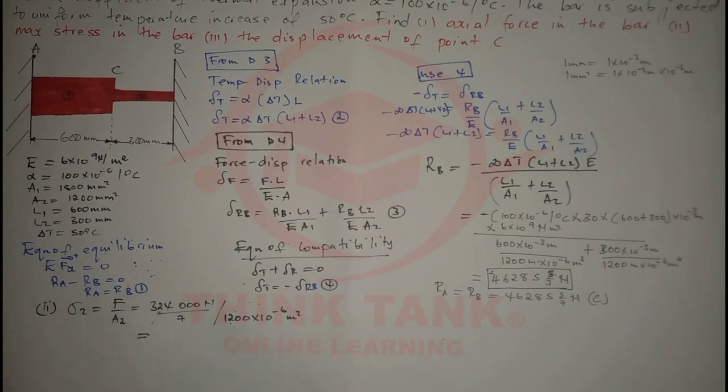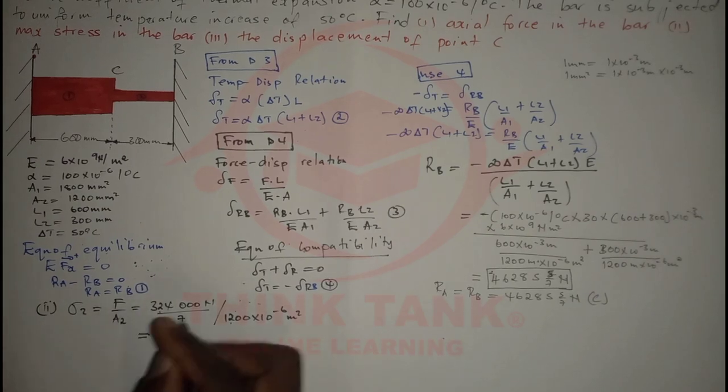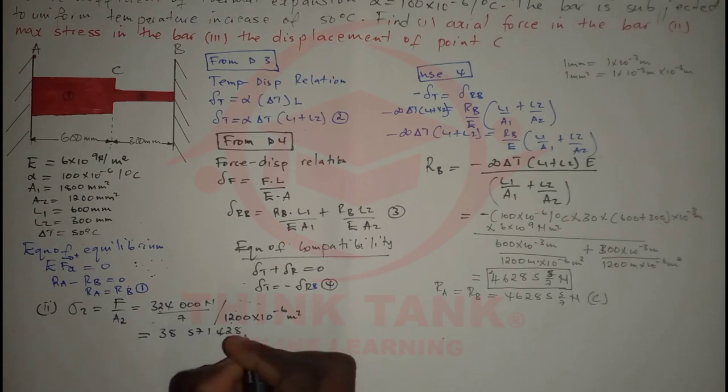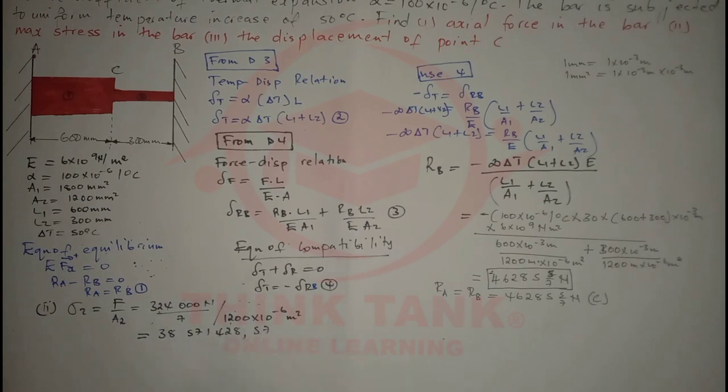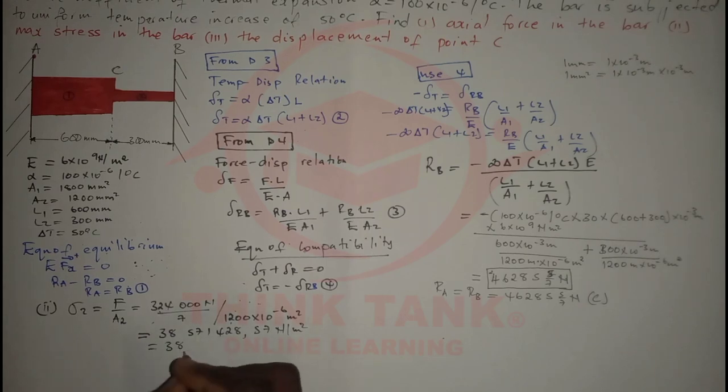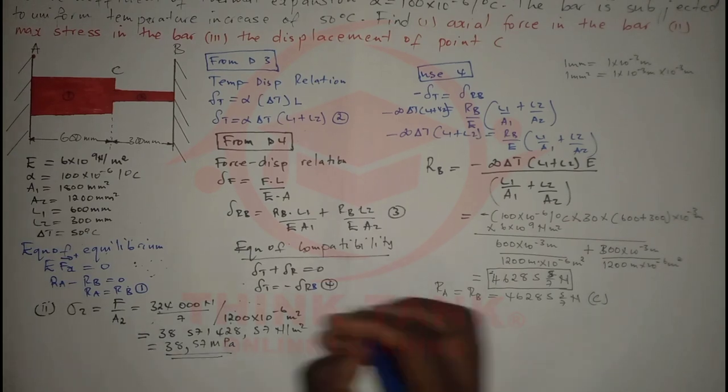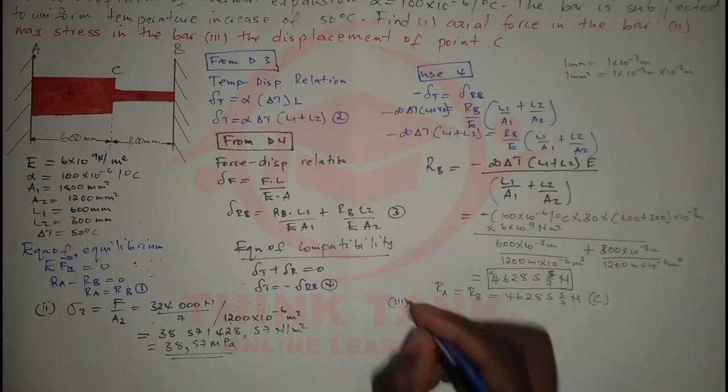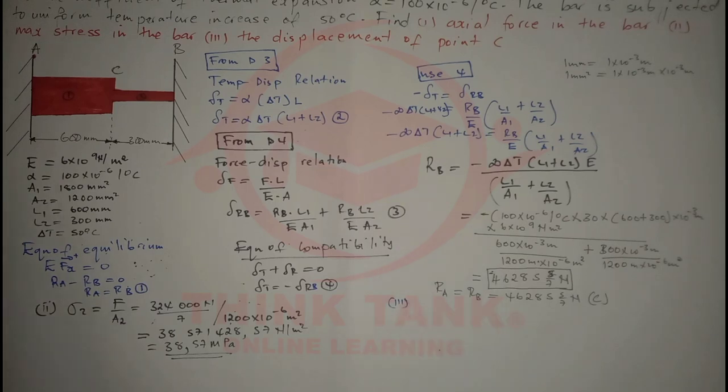If we do that, you get 38,571,428.57 newtons per meter squared. To simplify this, let's change it to mega, since this is 38 million, so I'm going to write this as 38.57 megapascals.